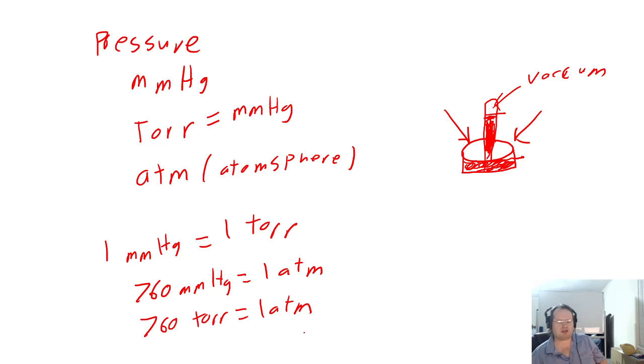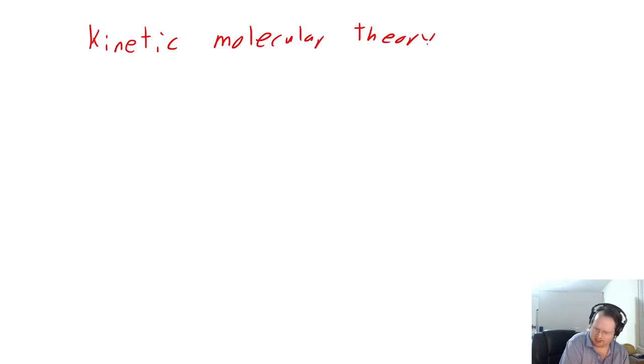Now, we talked about the idea that these molecules are moving around and hitting surfaces. So I'm going to use a term to describe the theory of how we talk about these collisions. I'm not going to talk in a whole lot of detail, but I do want you to be familiar with the term. We call it kinetic molecular theory. So the idea behind kinetic molecular theory is that it's a simple model for the behavior of gas molecules.